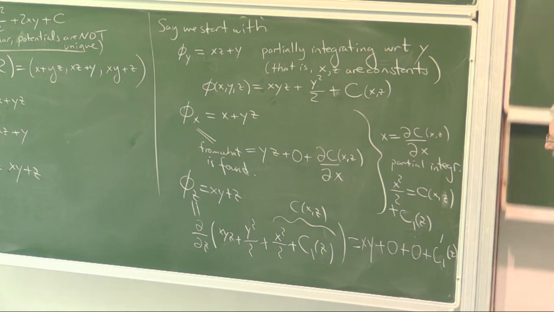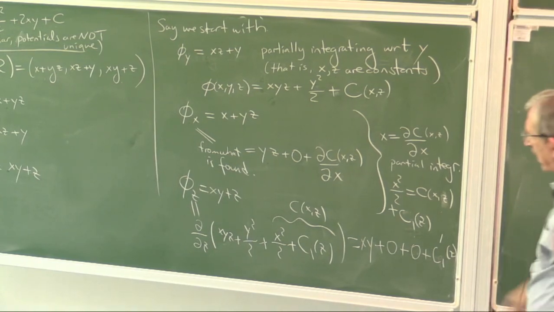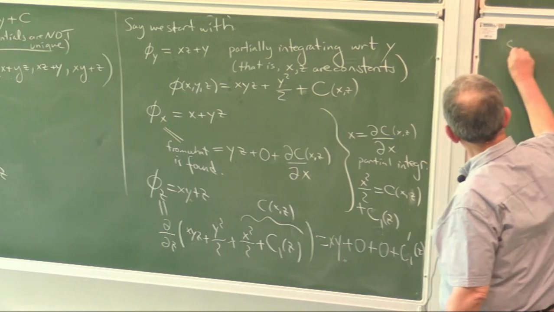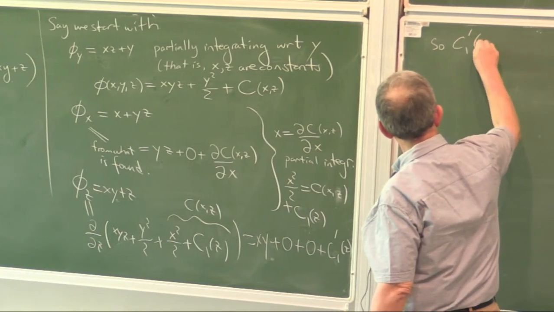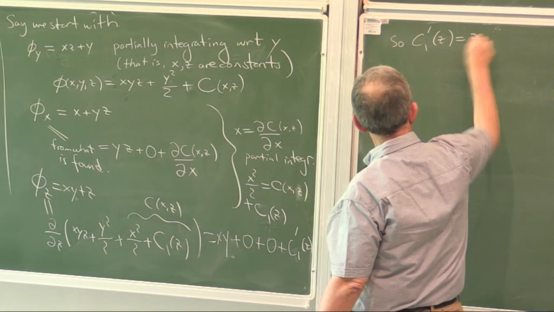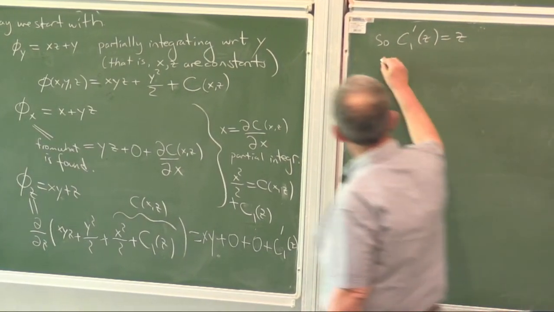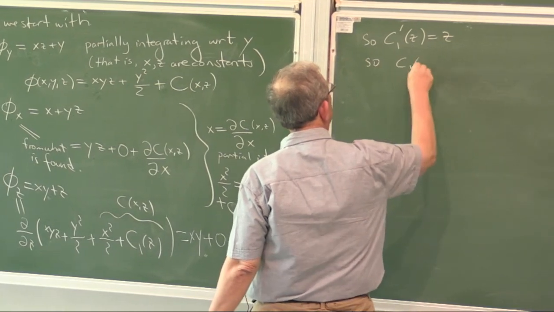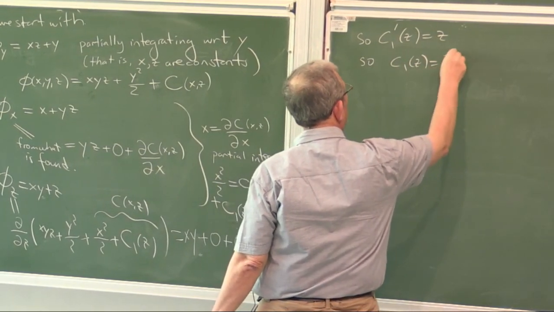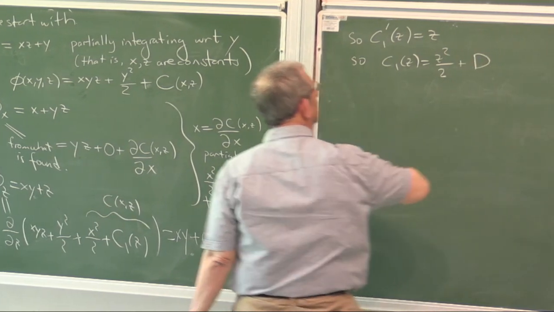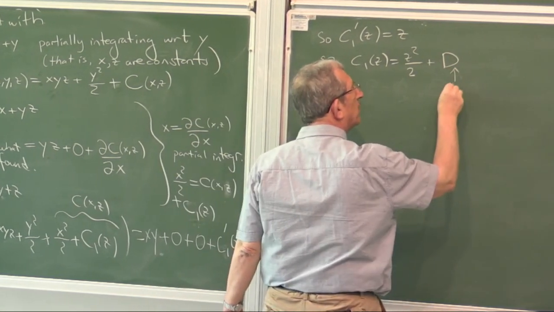Now, comparing these two, I have xy here and xy here, and c1 prime of z must be z by comparison. Now this tells me now that c1 of z must be z squared over 2 plus some d. Now this is just a number.